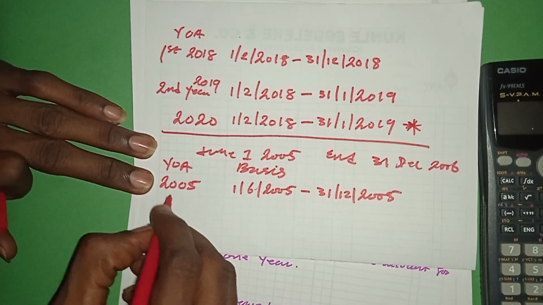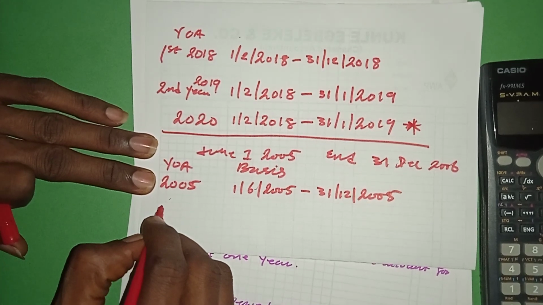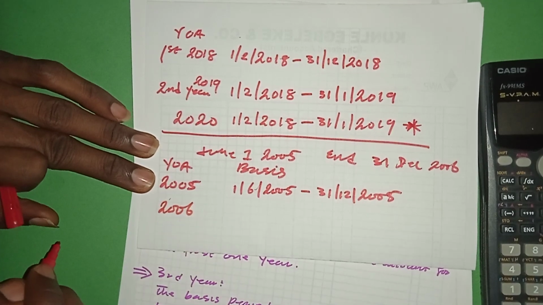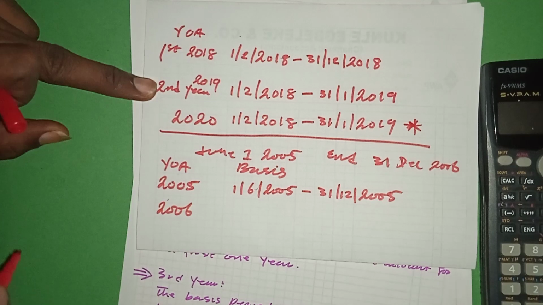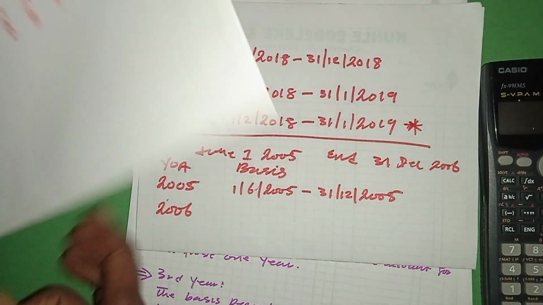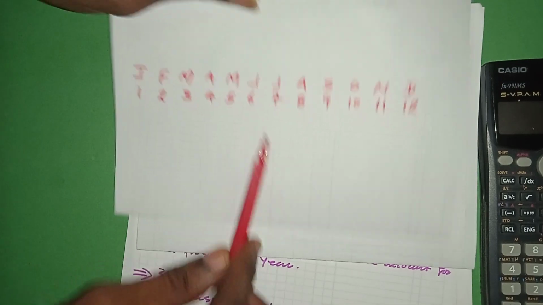Let's go to the second year, which is going to be on actual year basis still, 2006. Now, the second year states that from the date of commencement to the first 12 months. First 12 months from June is what? Let us count it. From here, this is 1st June.